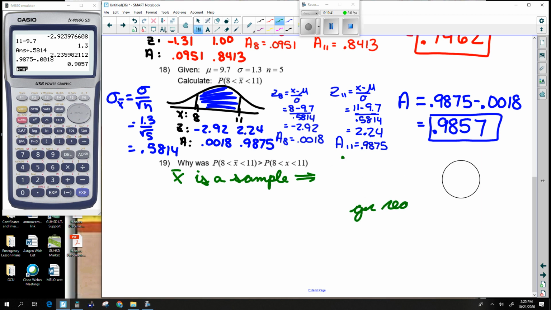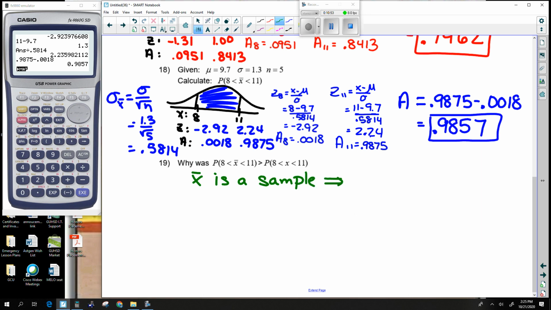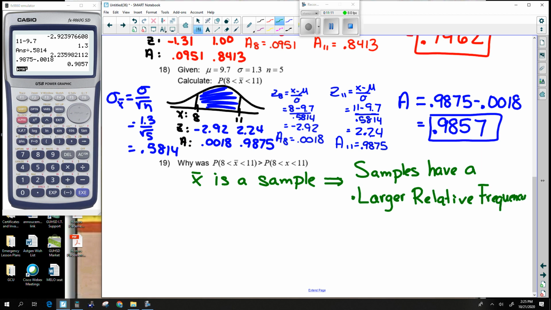Oh, you actually just write this, I'm sorry. And it also has a smaller standard deviation.